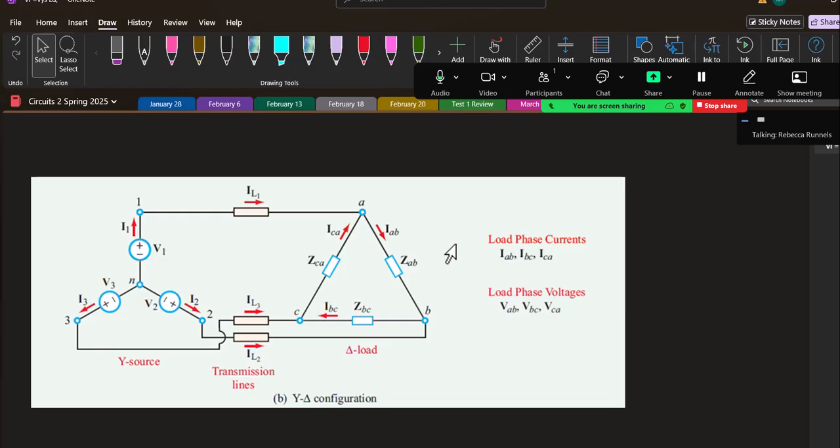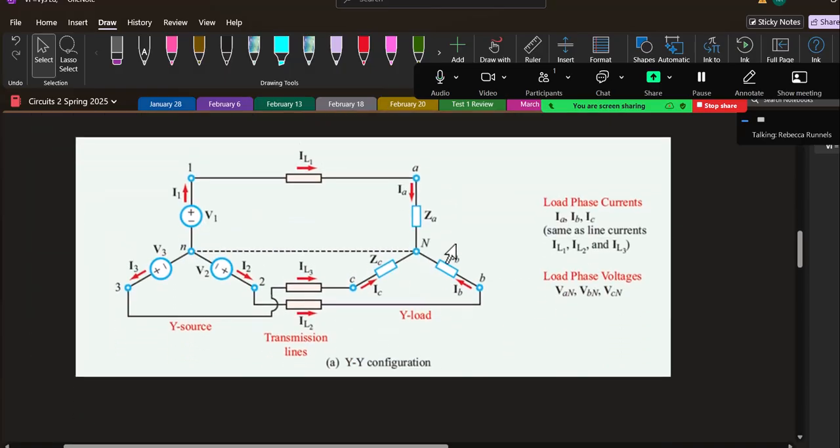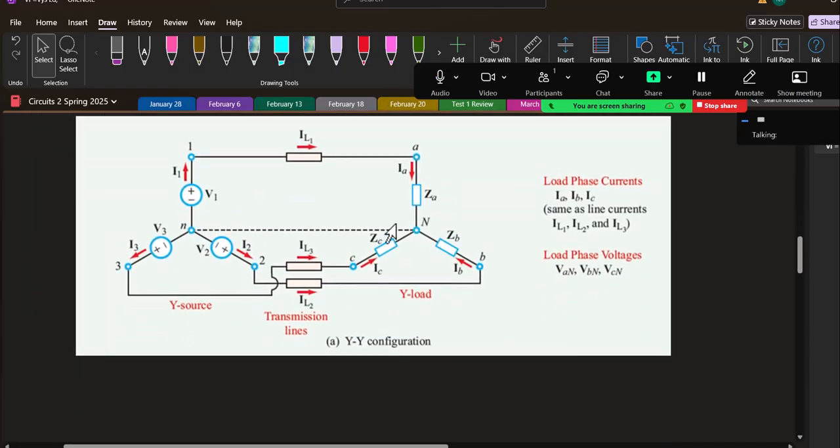That'd be for a delta load. For which load configuration are the phase currents the same as line currents? It's going to be Y. So you see the line current and the phase current are the same.